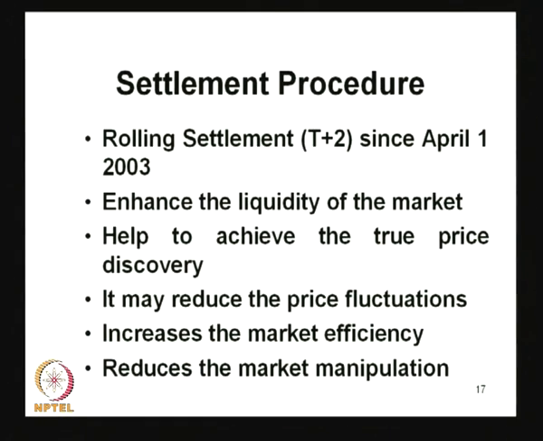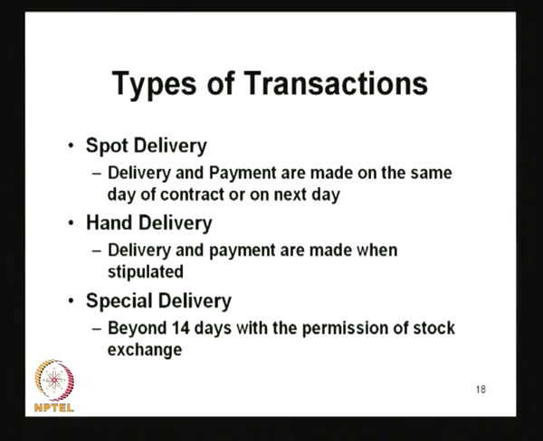If the transaction is at time T, your settlement can be made at T plus 2, since April 1, 2003. Once this system prevails in the market, it enhances the liquidity of the market, helps to achieve true price discovery, may reduce price fluctuation, increases market efficiency, and reduces market manipulation, because almost all transactions take place in a very short period of time.